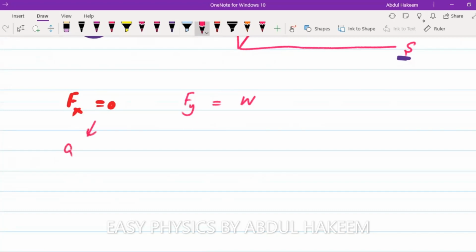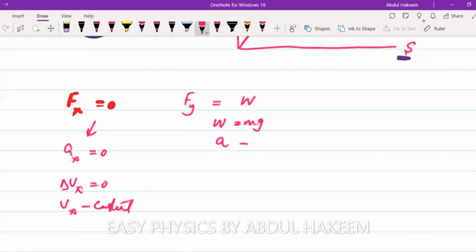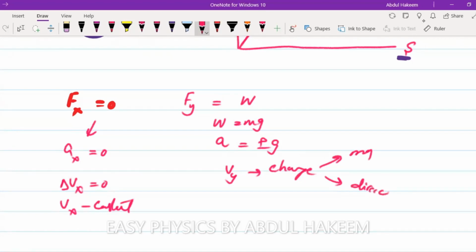So the horizontal acceleration is 0, meaning the horizontal velocity is taken as constant, change in velocity is 0, so vx is constant. And due to this weight, w is equal to mg, acceleration is plus or minus g. So vy is changing both in magnitude as well as in direction.